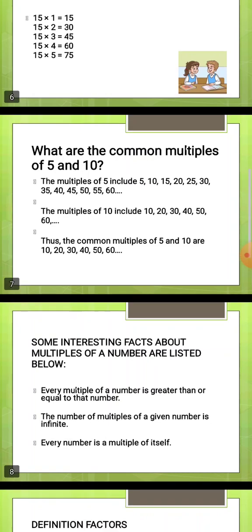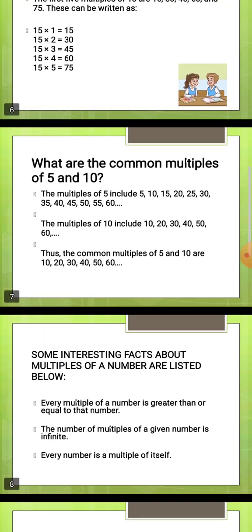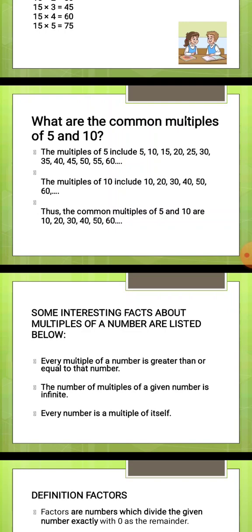So here we can make out that number 10 is coming in both the multiples of 5 as well as multiples of 10. The second number which is coming in both the multiples is 20. 20 is coming in the multiples of 5 as well as in the multiples of 10.